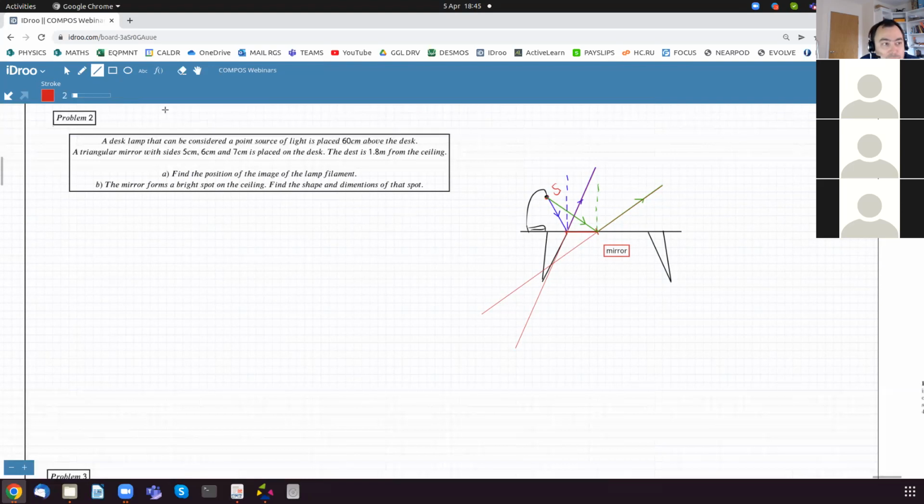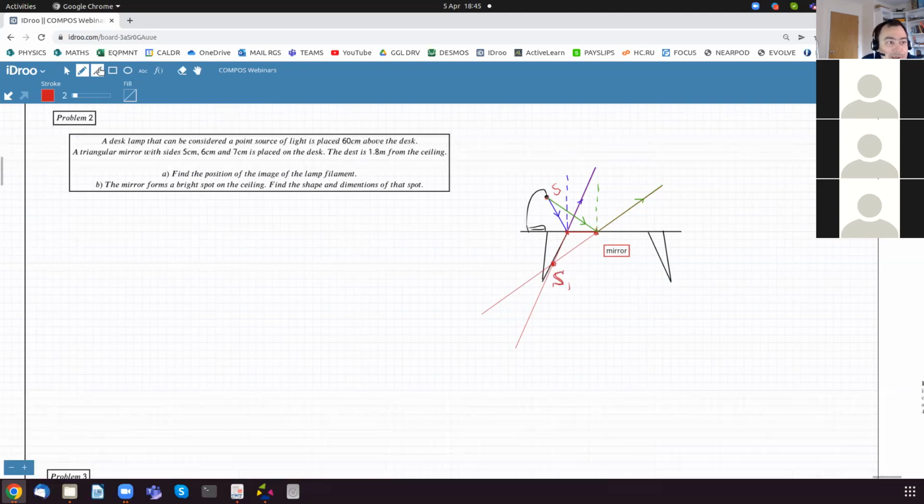Now you don't have to draw the rays to the edge of the mirror. It doesn't really matter where you put them. Any way you draw the two lines, the lines will intersect here. And this is the image S1. S1 is the image of the lamp.